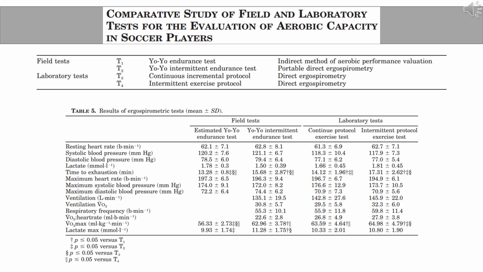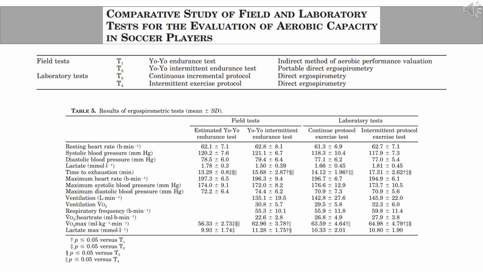However, if we do compare our VO2 max and lactate for the yo-yo intermittent test to our lab protocols, we can see that those scores are actually very, very similar to our laboratory. So if we're looking to try and replicate as valid a measure as possible without being able to assess using the gold standard method, it seems like based off this data that our yo-yo intermittent endurance test is probably a better option than our initial yo-yo endurance test.